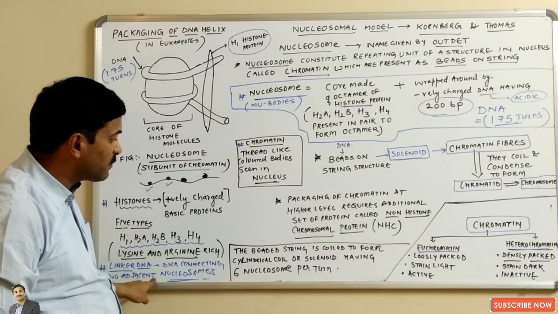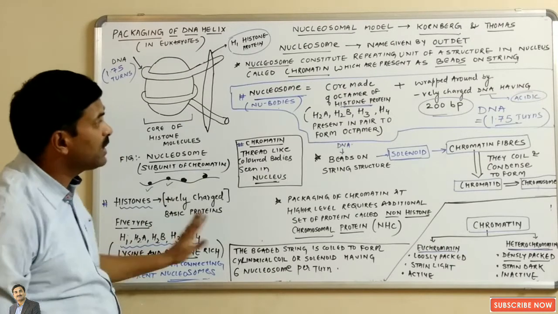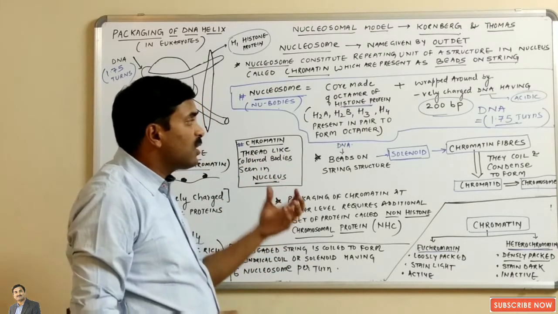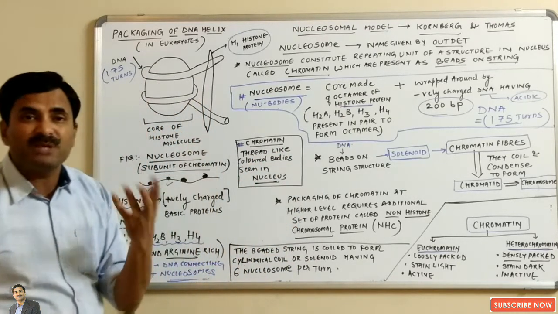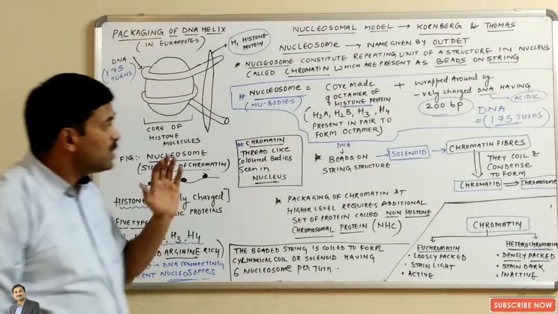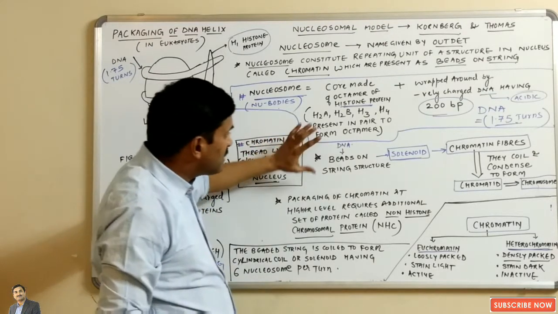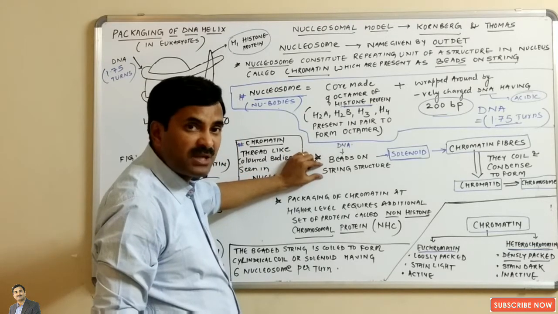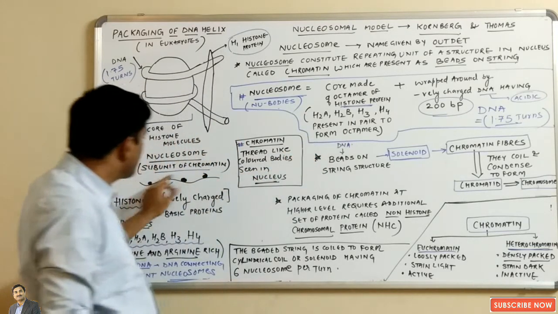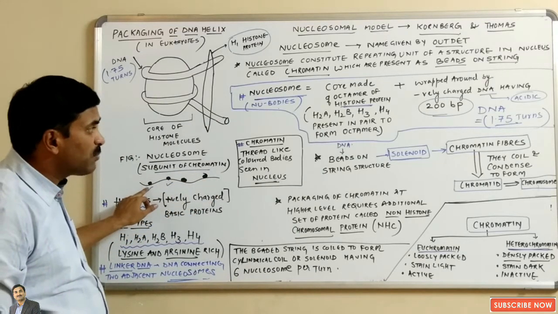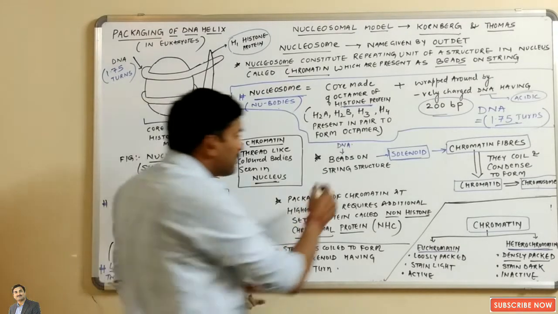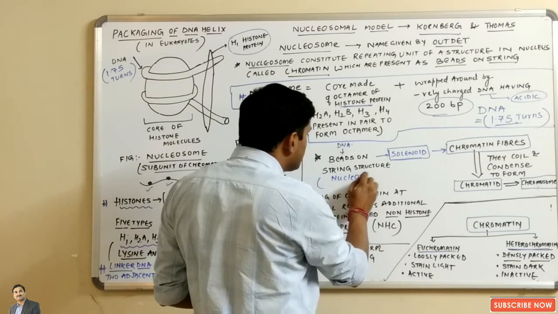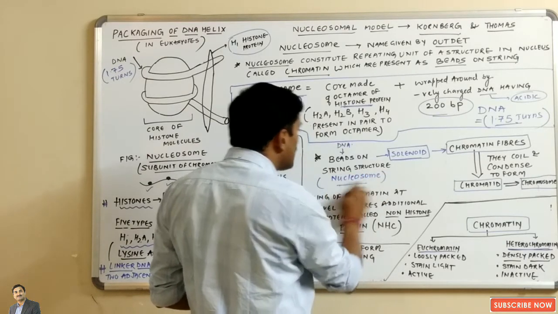Not only this, now the question arises, how is a chromosome formed? You know very well that this is a beads on string structure. Beads on string structure is made up of nucleosomes.